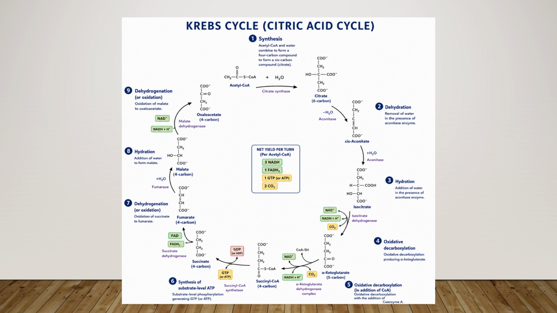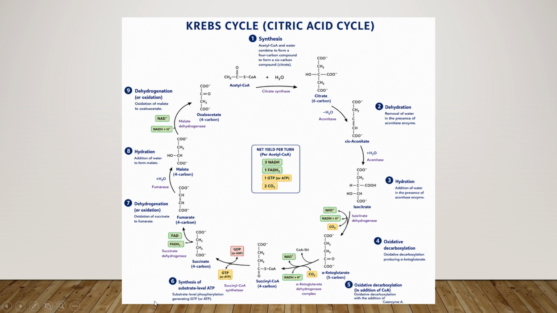Sometimes GTP is also produced. Keep in mind that in animal cells, specifically in liver and kidney, GTP is produced, because ATP and GTP are both energy molecules along with inorganic phosphate. But in other ordinary tissues, ATP is released.